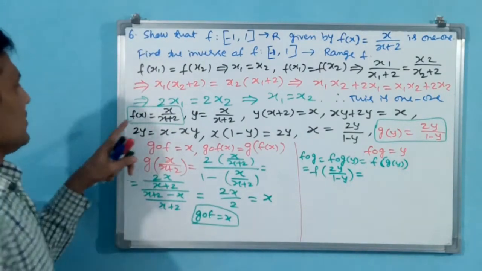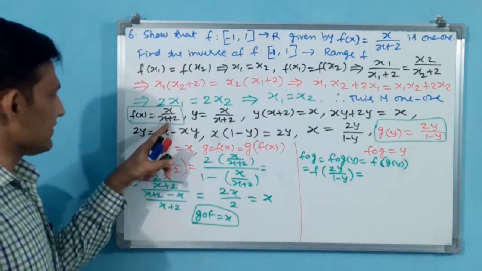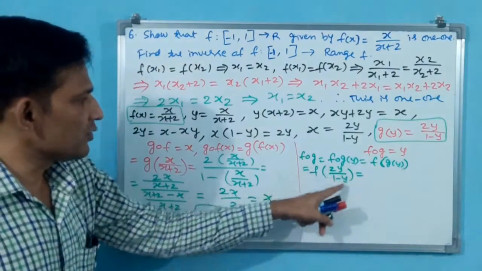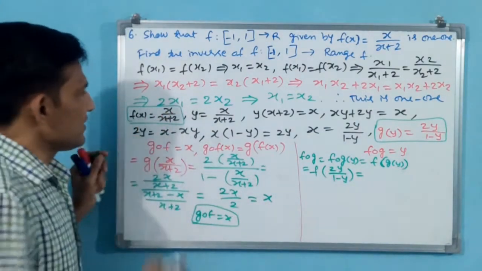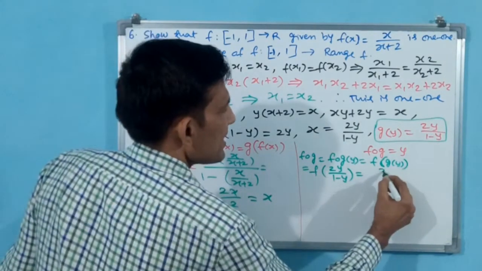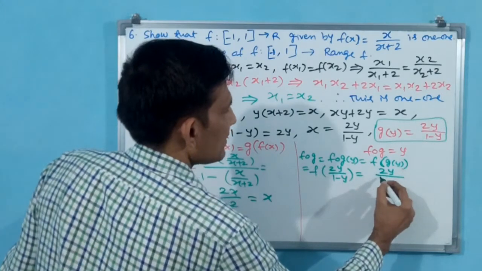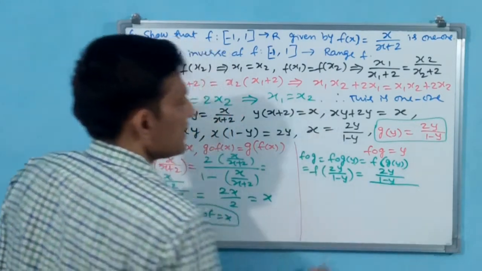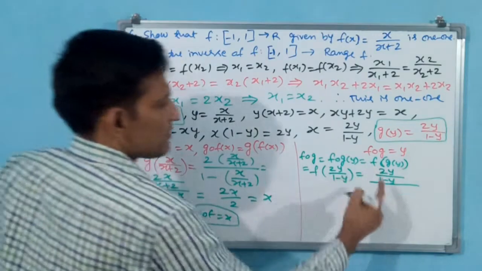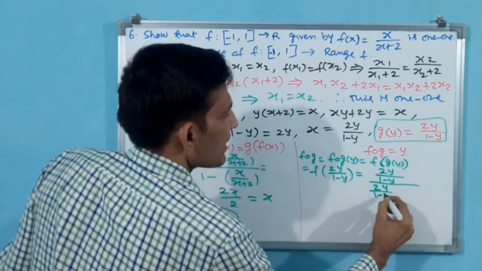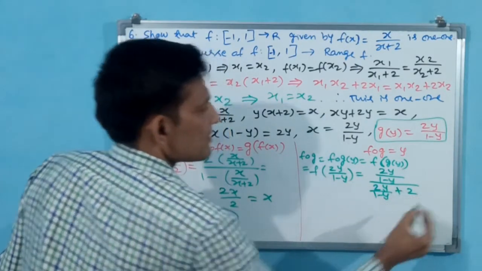In f, if you keep x, this will come. If you keep this, this you will take as x. So x by x plus 2 means 2y by 1 minus y divided by 2y by 1 minus y plus 2.